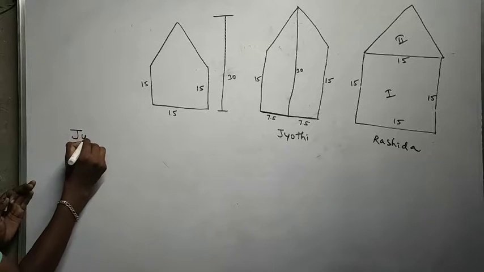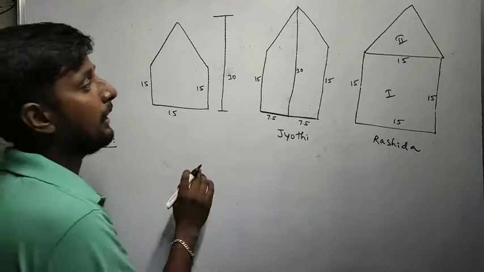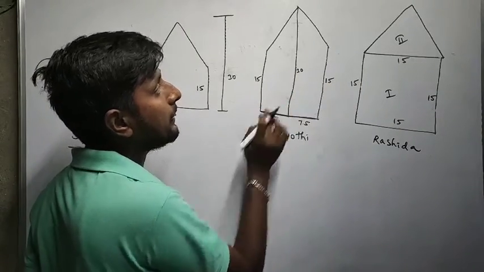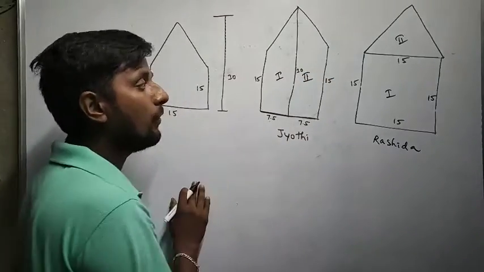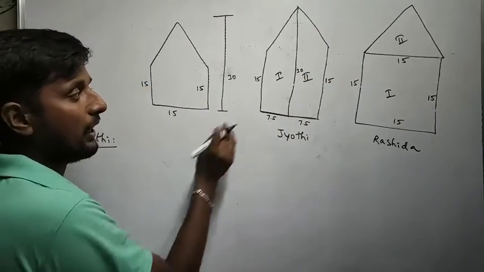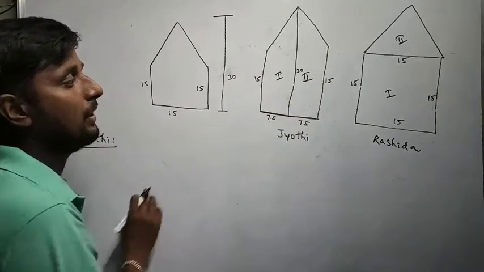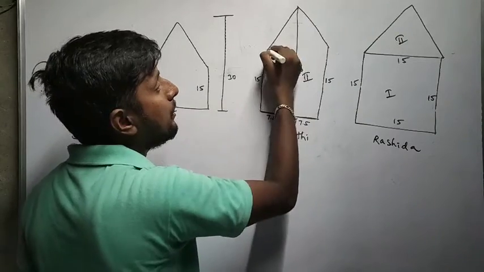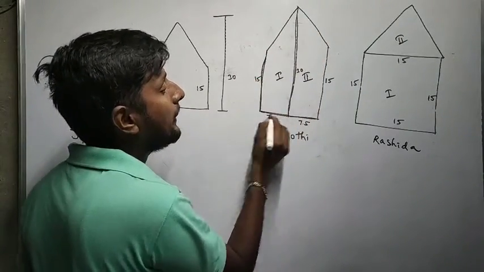Jyoti's area. Look at 15, 7.5, 13. Instead of finding two figure areas, we can find only one figure area. Whatever area we get here, the same area we get here also because of the same measurements. It is a trapezium because these two sides are parallel and this is the height.